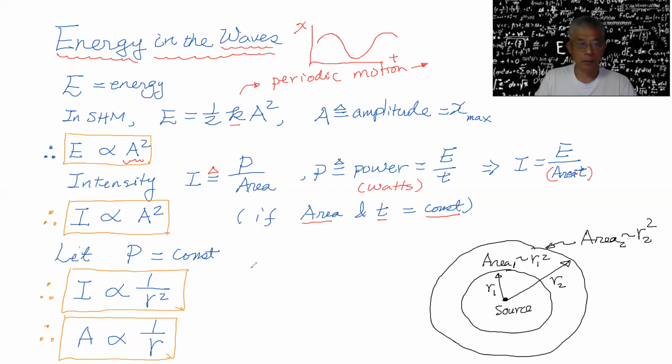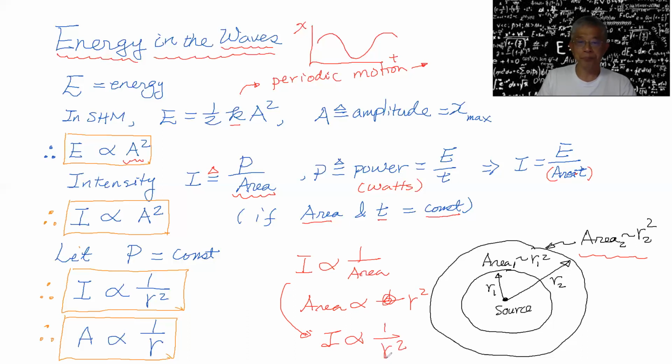If P is constant, then I is proportional to 1 over R squared, because I is proportional to 1 over area, and area is proportional to R squared.